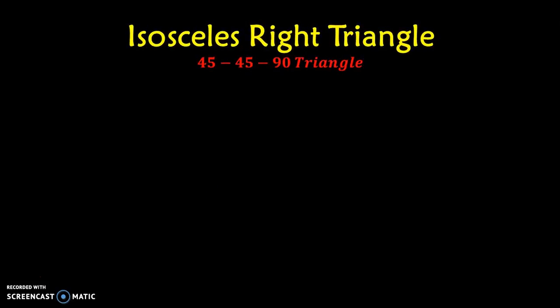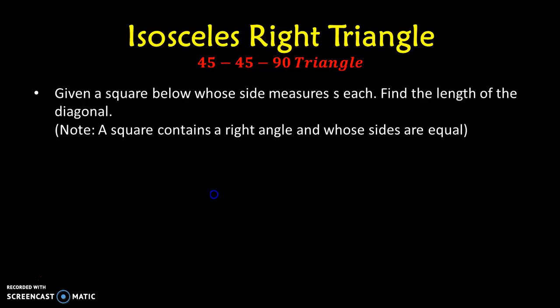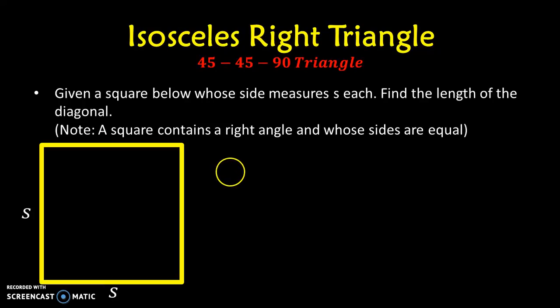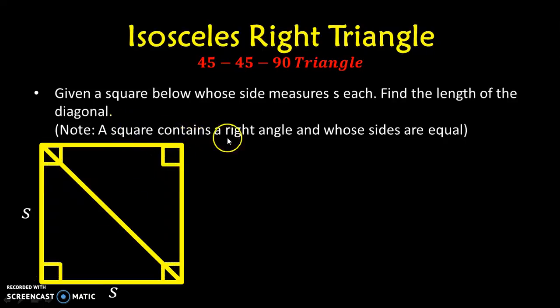It is also known as the 45-45-90 triangle. Okay, given a square here whose side measures S, let us find the diagonal. So note that a square contains a right angle whose sides are equal. So we can have 45 degrees, 45 degrees, 90.